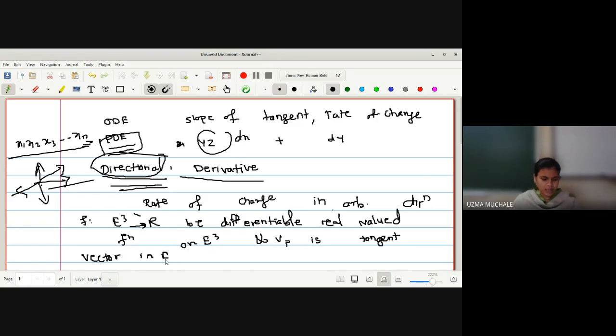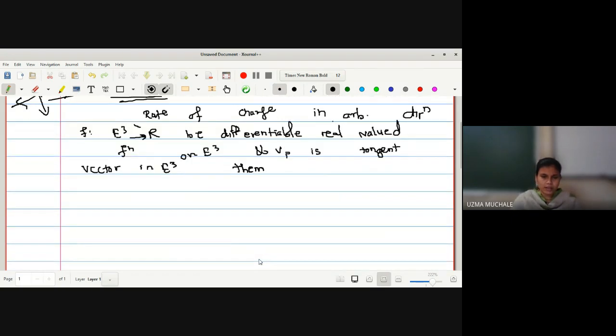Then we write the directional derivative, or we can call it the number.